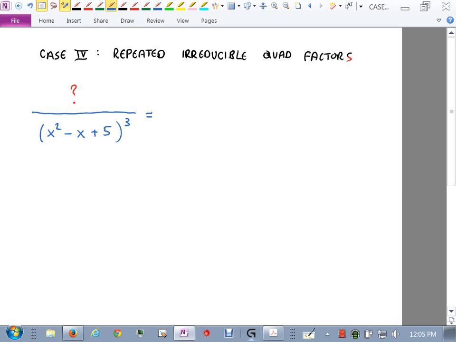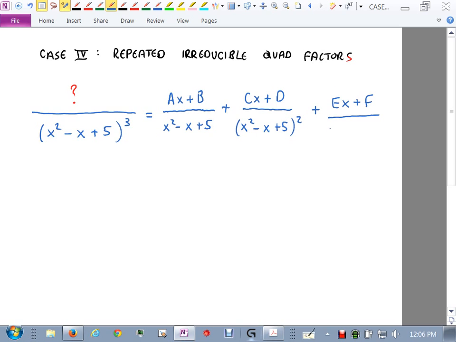If we had that, then I would have Ax plus B over that quadratic, right? Then what? A separate one, Cx plus D, good, over this time squared, plus, then lastly, maybe Ex plus F over x squared minus x plus 5 cubed. And I stopped because I got to cubed, right?